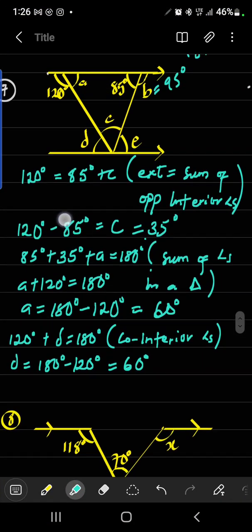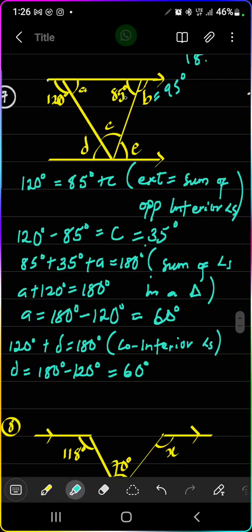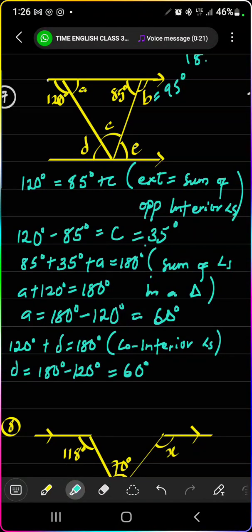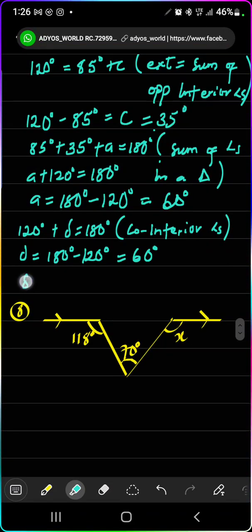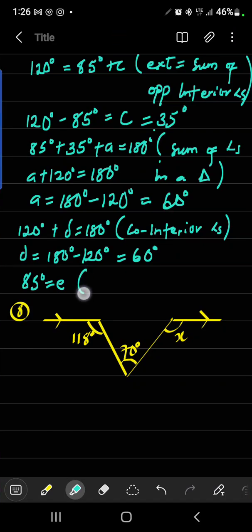Look at it, alternate angle. That's E equals 85. And I will write alternate angle. That is 85 degrees equals E. Why? You must write the reason. Very important. It earns marks. Don't try solving without giving reason. Alternate angles.